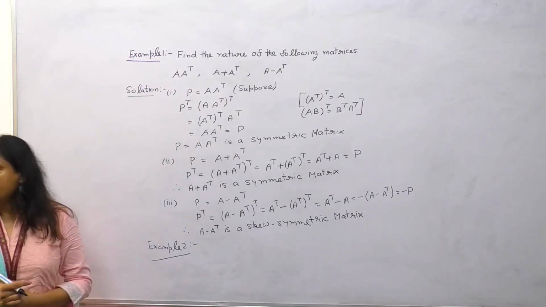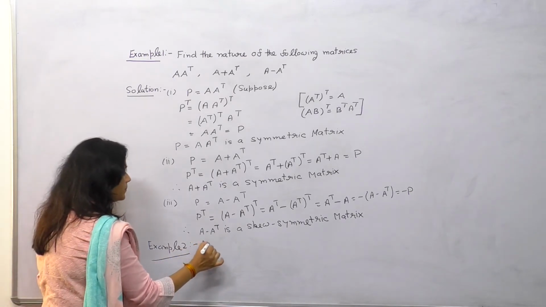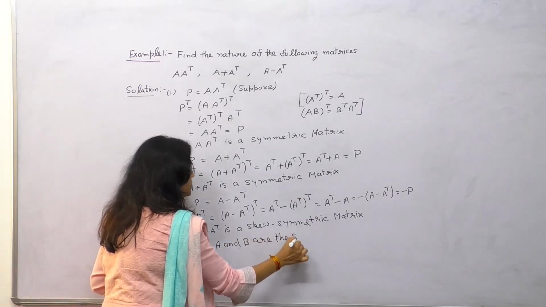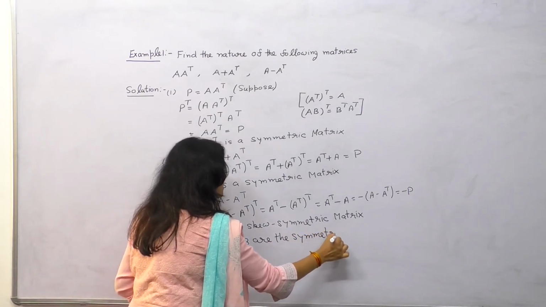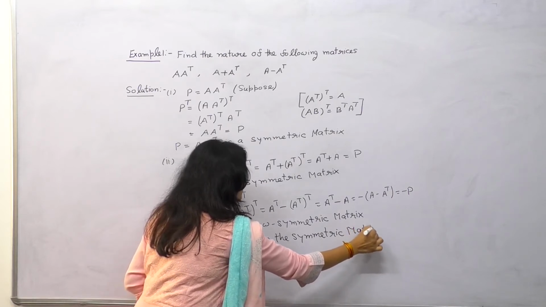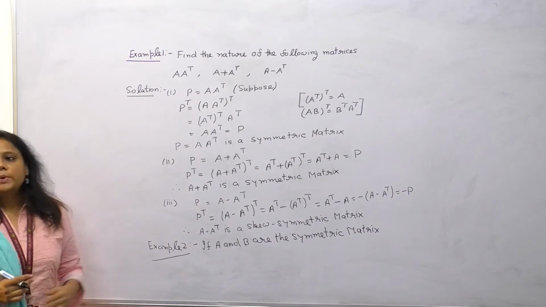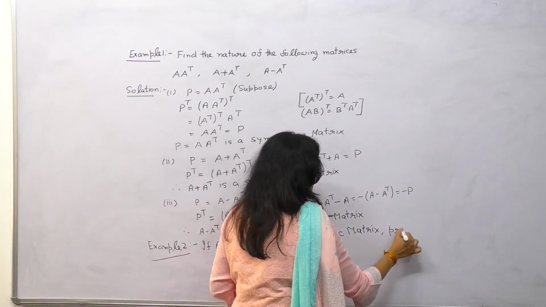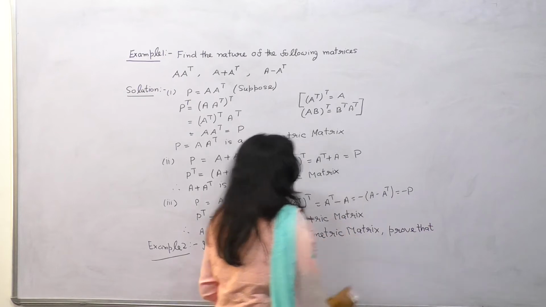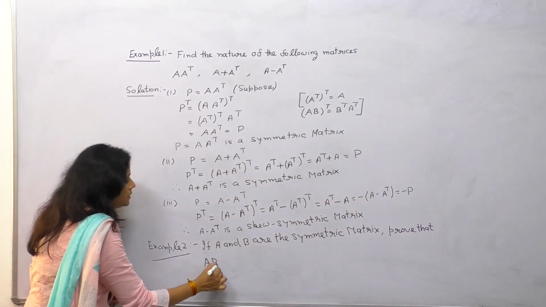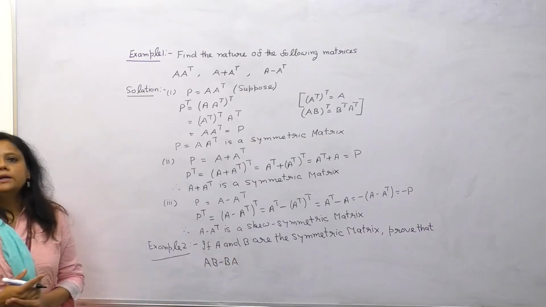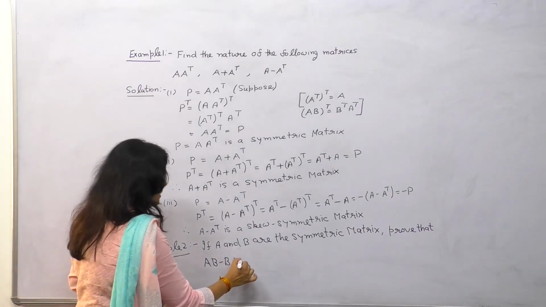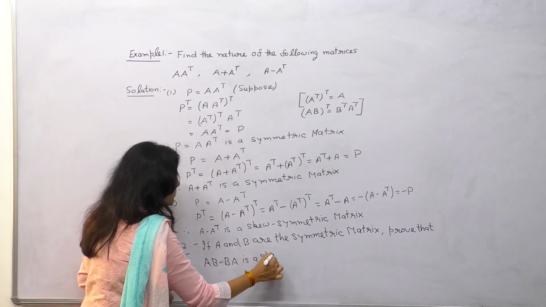The example is: if A and B are symmetric matrices, then prove that AB minus BA is a skew symmetric matrix.